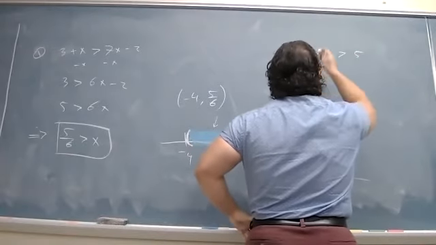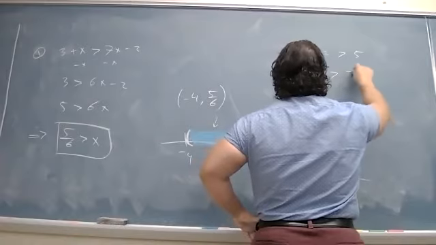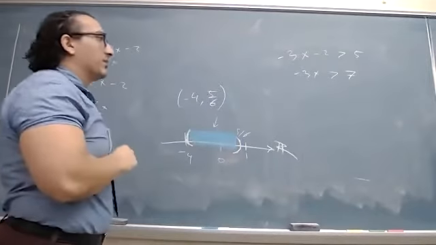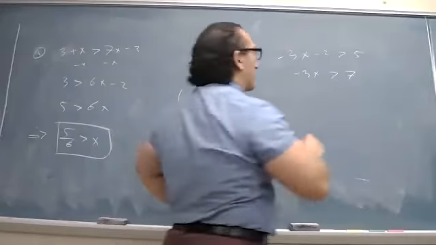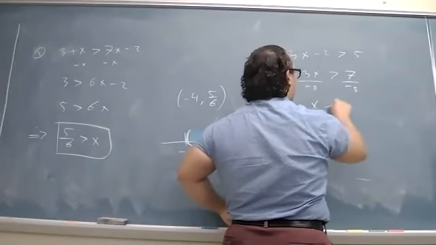Let's say I add 2, I get negative 3x is greater than 7. When I want to solve for x, I have to divide by a negative number. I have to divide by negative 3. So when you do that, you flip it.